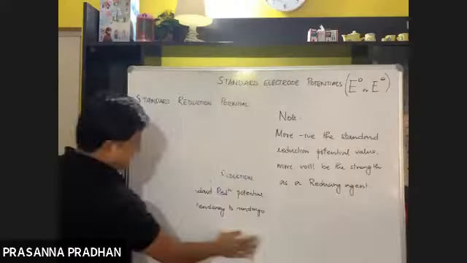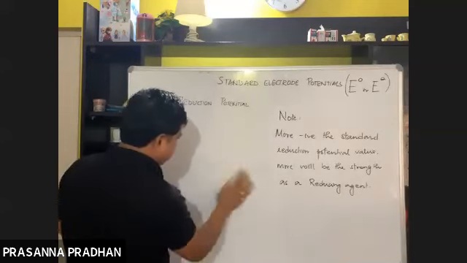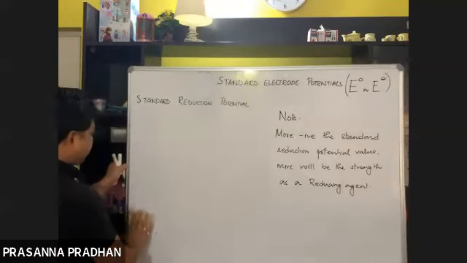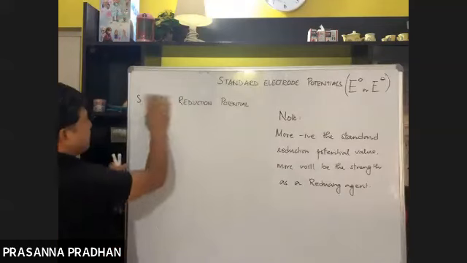X. So X had the most negative value of standard reduction potential. That means X positive will behave as the strongest reducing agent.